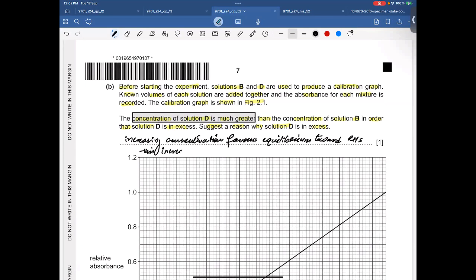This increases the concentration of FeSCN 2+ ion.